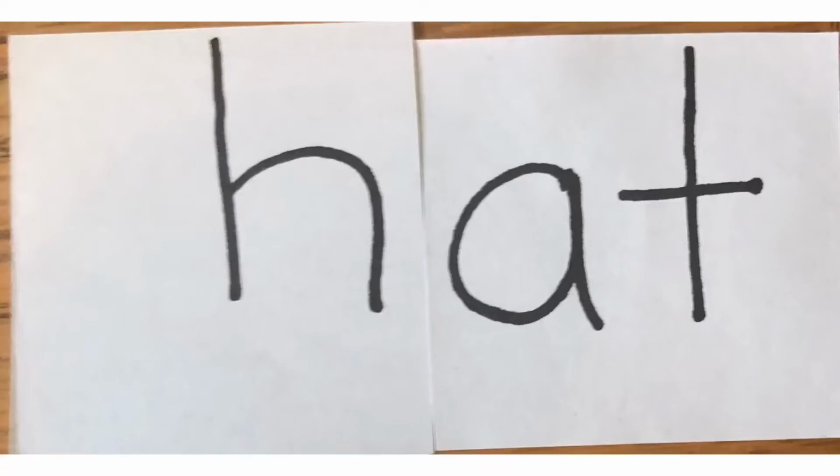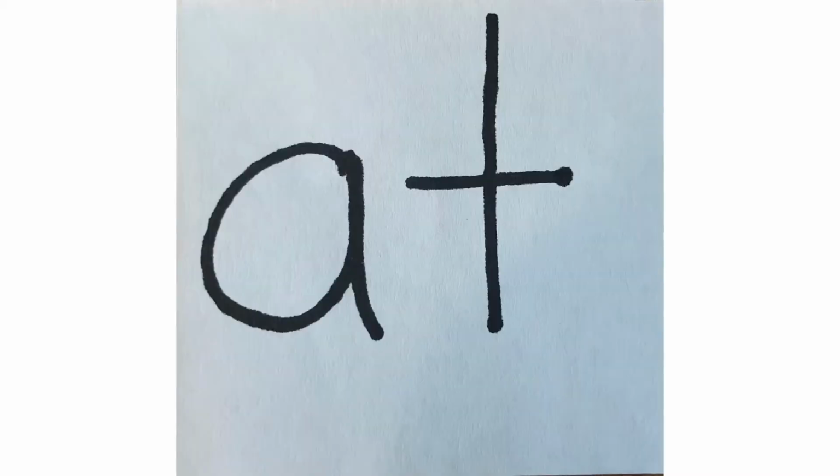Here's our first word, H-A-T. Let's look at the different letters that we see. First, we have the letter H. The letter H, if you guys remember, says H. So the first sound in our word is H. After the H, we have the letters A-T, and we know what those letters say together. A and T together say at, because we're working in the at word family.